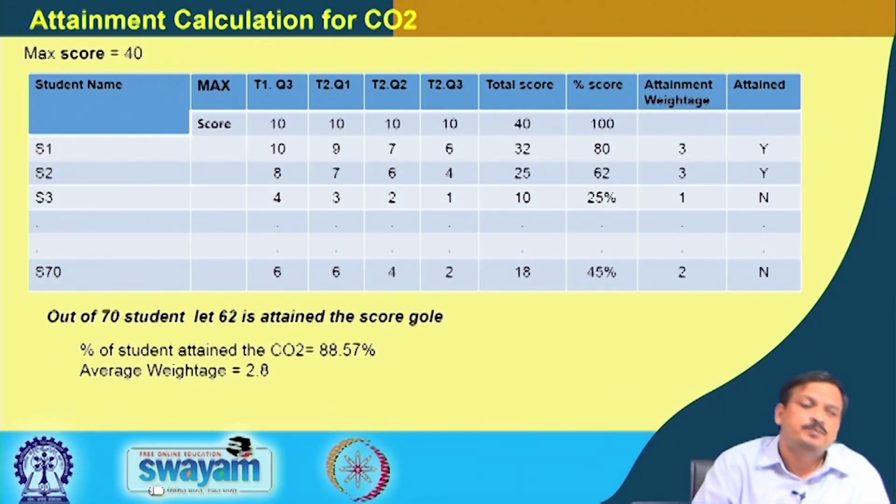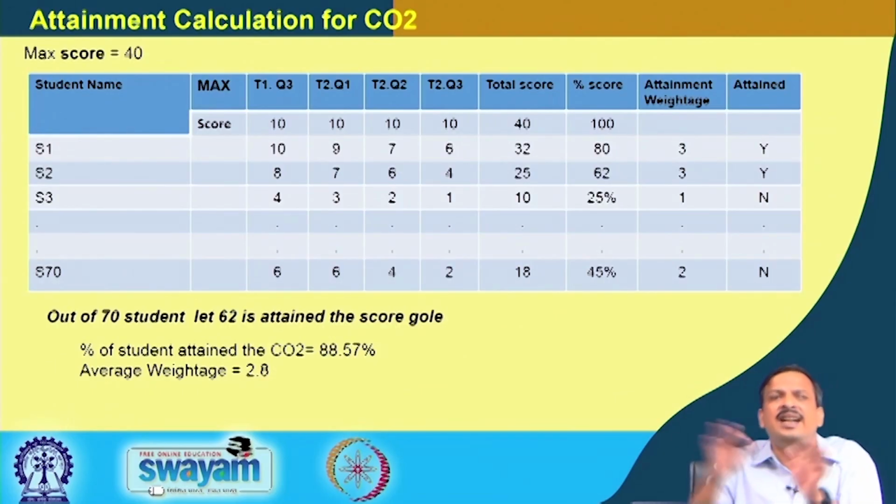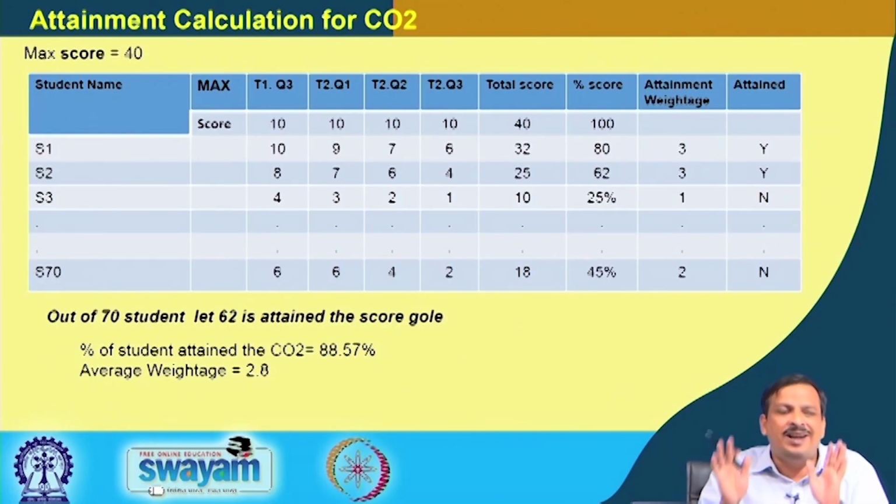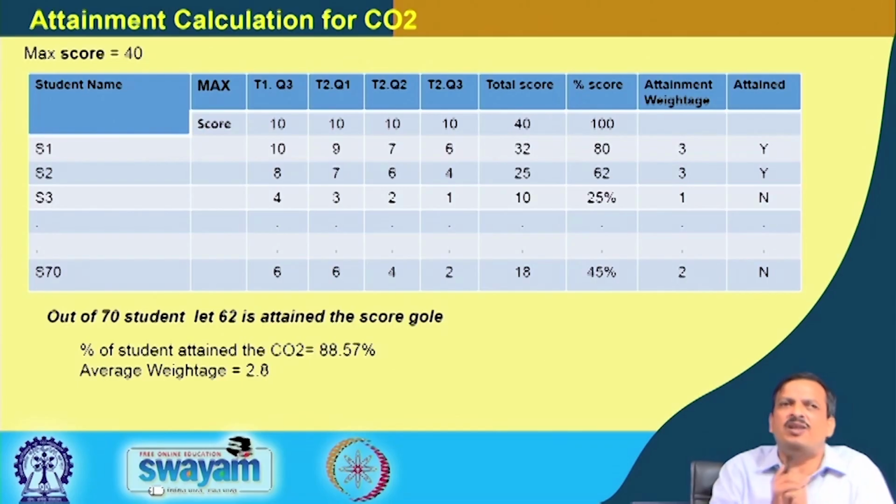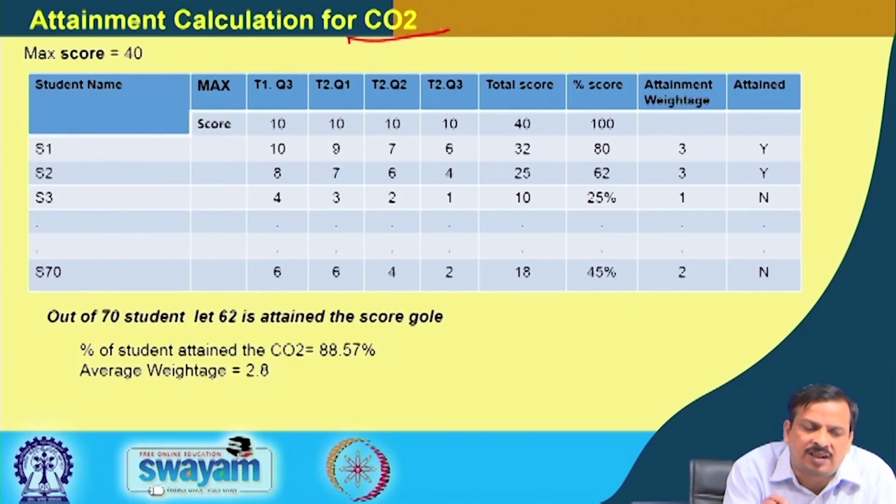Now, let us say I take an examination assessment for 70 students in a class for the subject of acoustics, and I want to calculate the attainment of CO2. CO2 is tested on mid semester question number 3, and end semester questions number 1, 2 and 3.